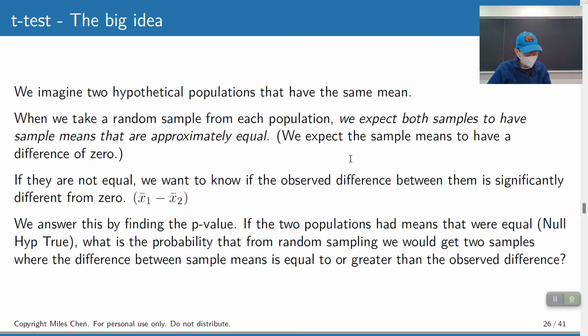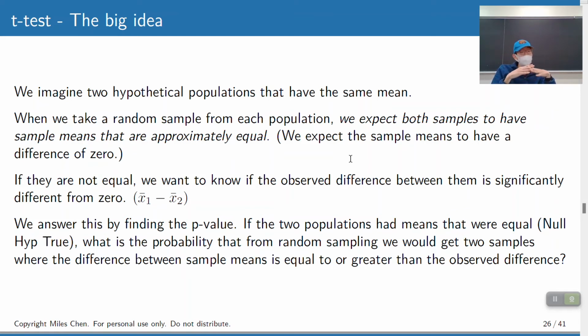So just to keep expanding on this, imagine two hypothetical populations, and under this hypothetical situation, the two populations have the same mean: mean of population 1 and mean of population 2 are the same. When you take a random sample from population 1 and a random sample from population 2, we expect the means of your samples to be approximately equal.